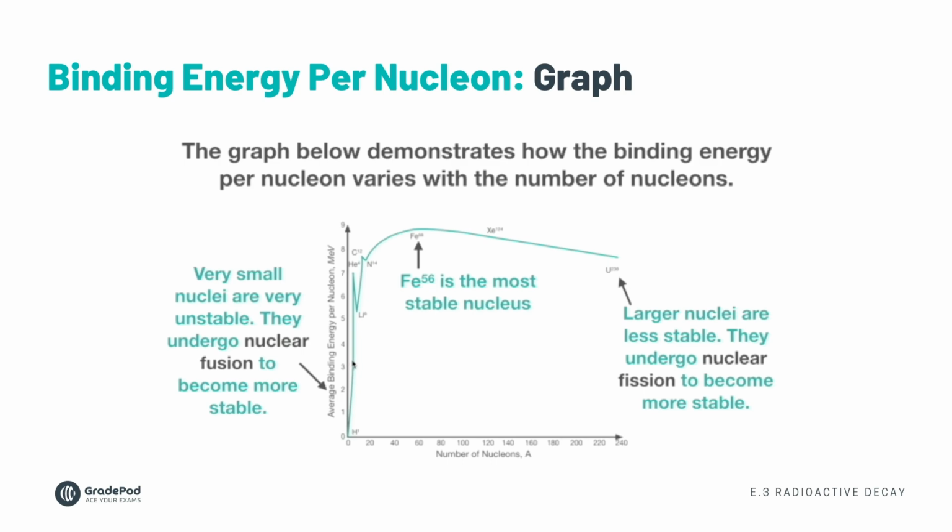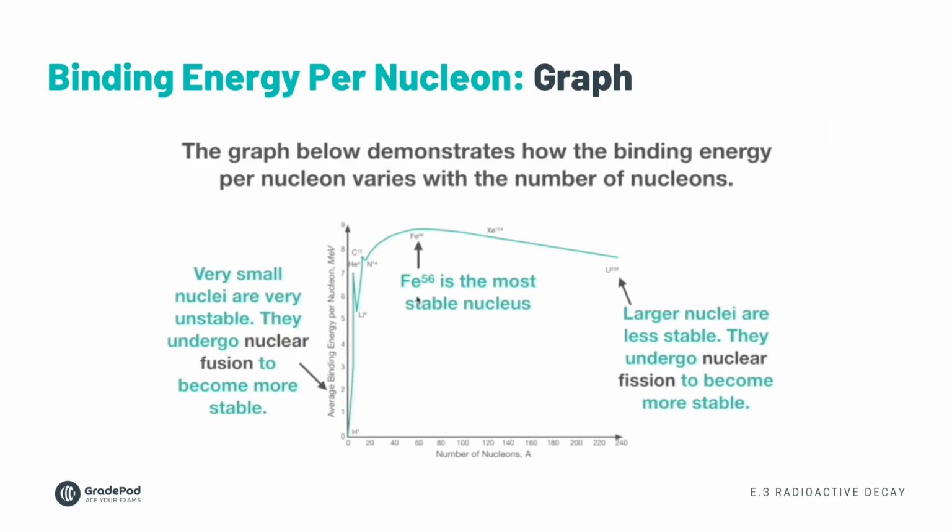They're not very stable. And what these nuclei do to become more stable is they undergo nuclear fusion. As we go through the nucleon number and get greater and greater nucleon numbers, so atoms that have greater numbers of protons and neutrons, the stability of the nucleus seems to improve.